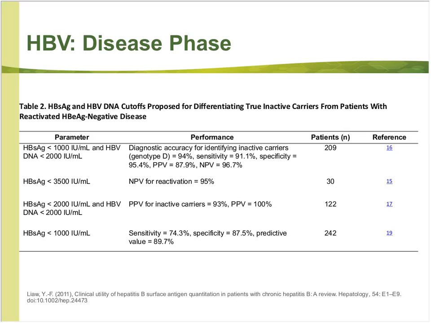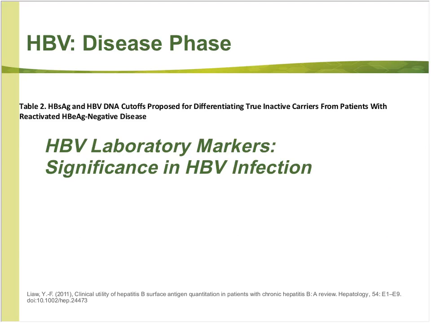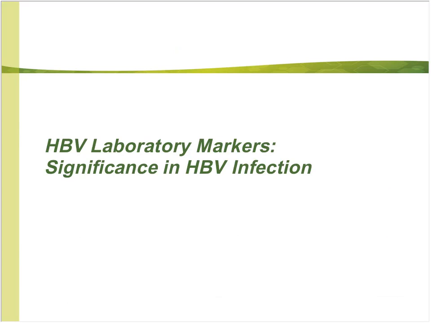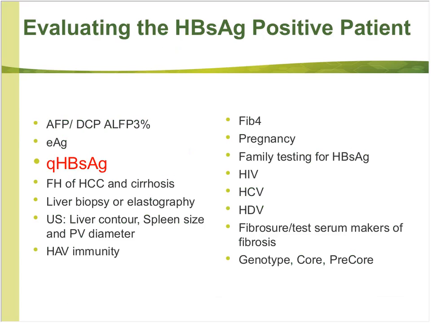It's a relatively low number, but this can help you guide therapy, guide monitoring of patients, how frequently you may want to do follow-up testing. So a lot of data on this slide, but just gives references and NPV, negative predictive value, positive predictive value, sensitivity, and specificity. Let's go into a little bit more detail about laboratory markers in hepatitis B infection.